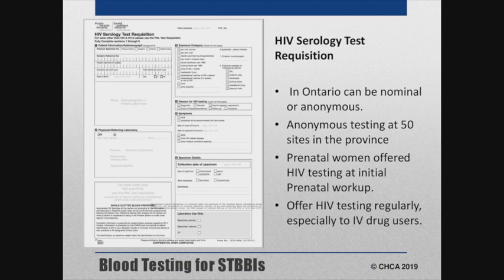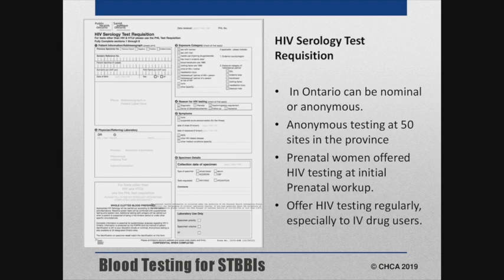Prenatal women are offered HIV testing as part of the initial prenatal workup, so it's important to make sure that we do offer that, especially given that if a mother is HIV positive, there is a possibility of transmission, and there are medications that can be provided to ensure that the baby can be as healthy and protected as possible.